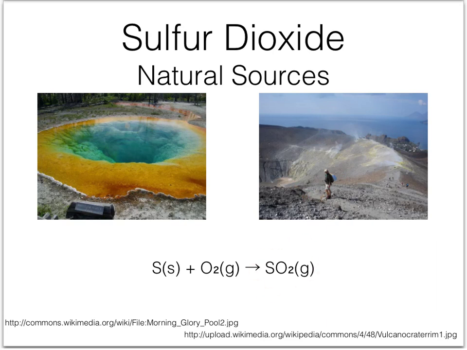The elemental sulfur found around hot springs and volcanoes is actually produced by the reaction of sulfur dioxide released by the volcano and hydrogen sulfide also released by the volcano or the hot spring, and those two react to produce elemental sulfur, which is found around these places.